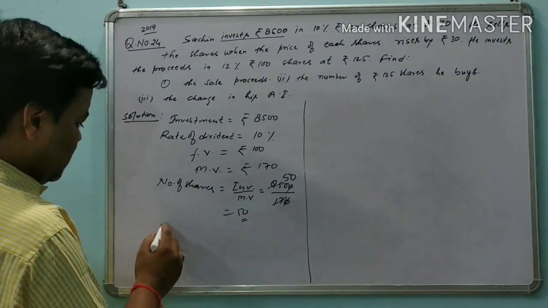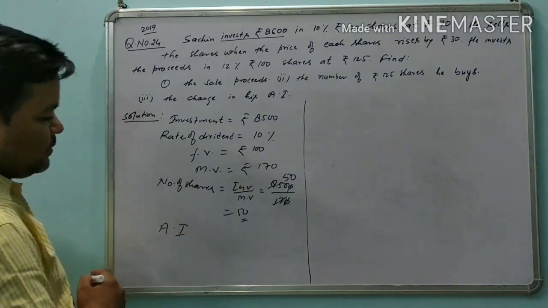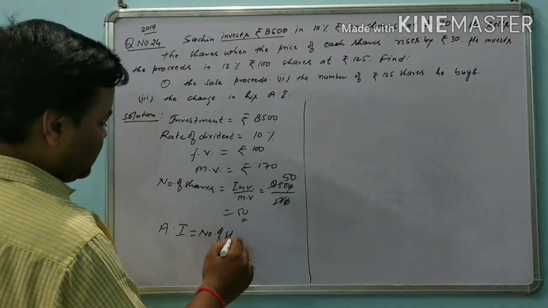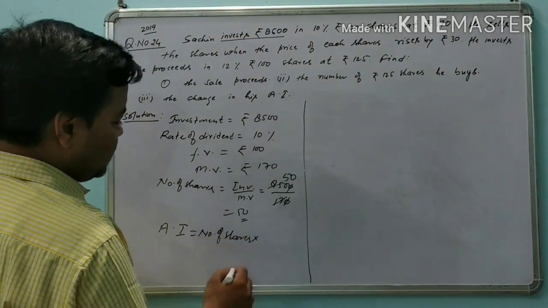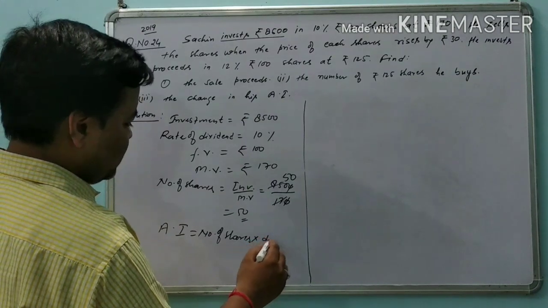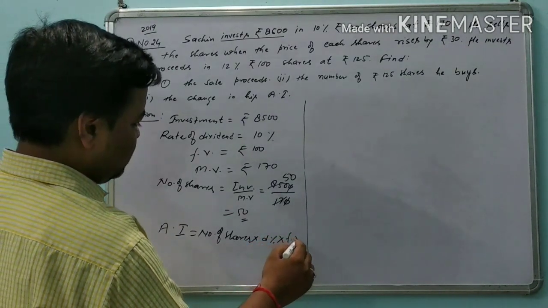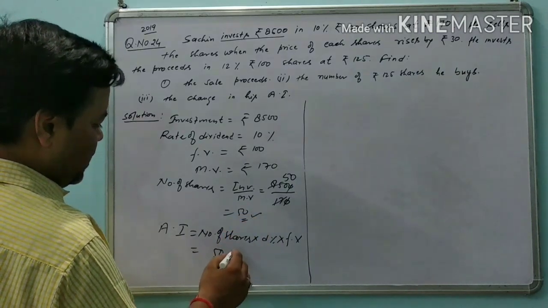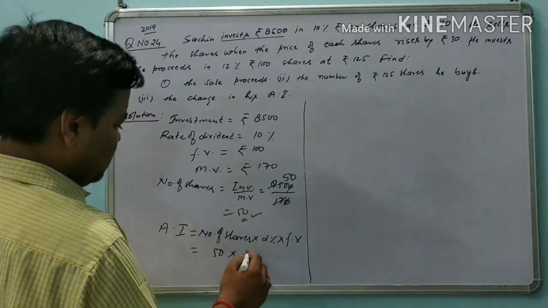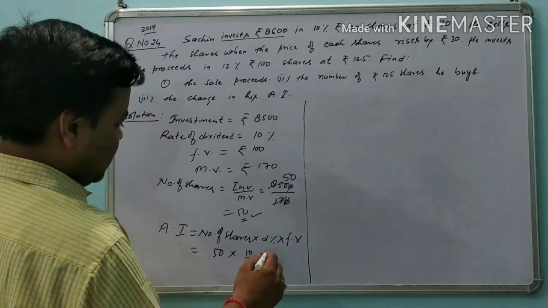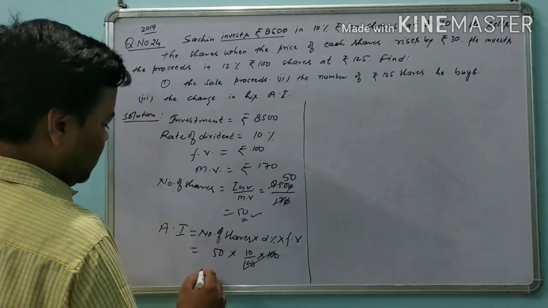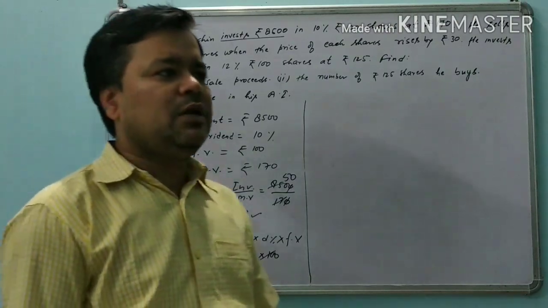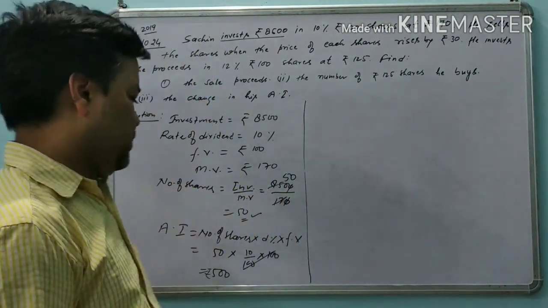Therefore, first of all, I would like to find annual income, that is number of shares into rate of dividend, means dividend percent into face value. So here number of shares is 50 into dividend percent 10 by 100 into face value 100, cancel. It will be 500. Means in this case, the annual income will be 500 rupees.